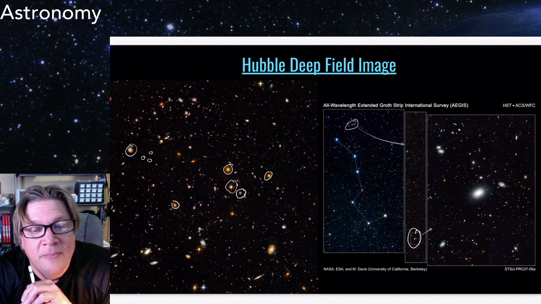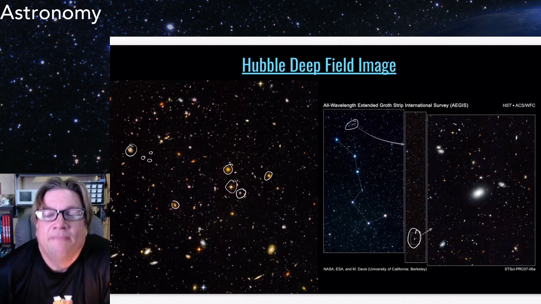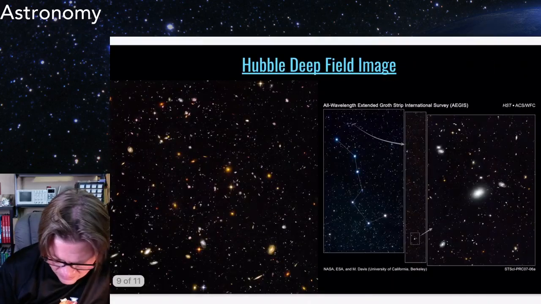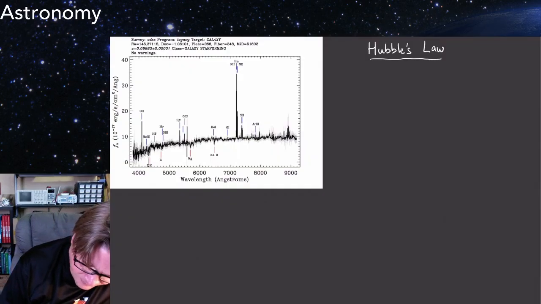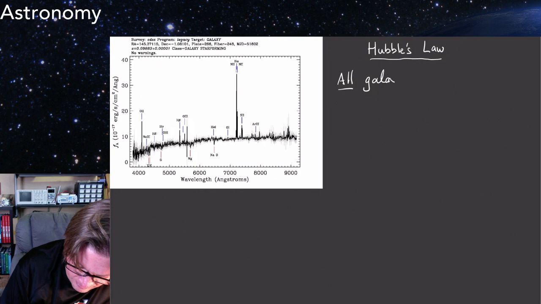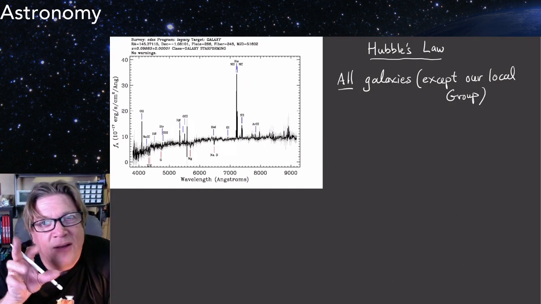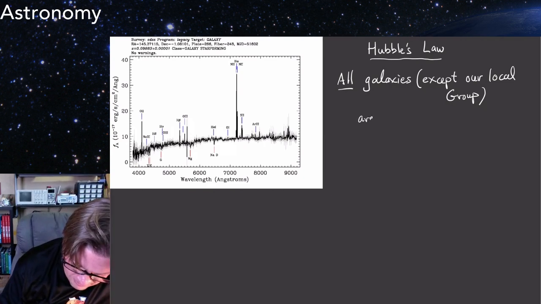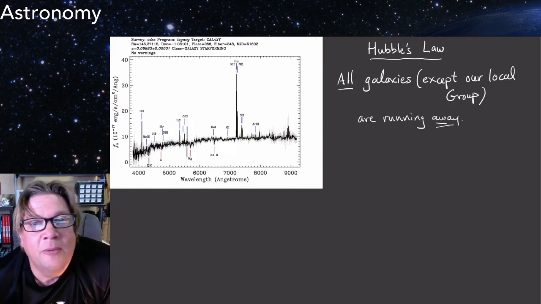This was a discovery by Slipher and Hubble. What they discovered was that when they looked around at different images of the universe, all galaxies, except the ones in our local group, because we're gravitationally bound, all the other galaxies in the universe are running away from us.